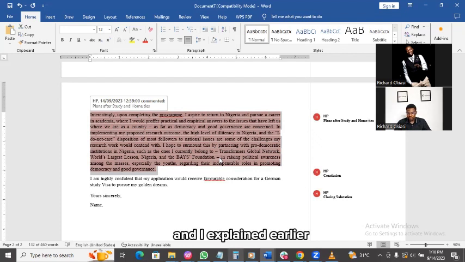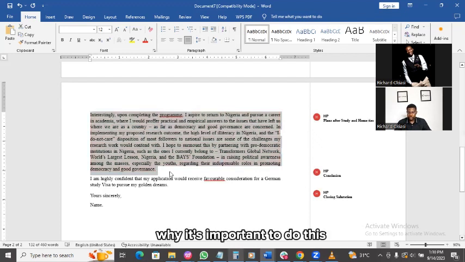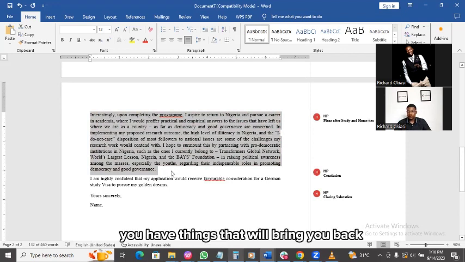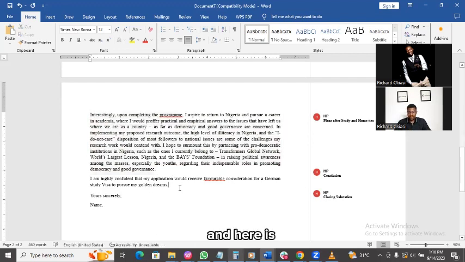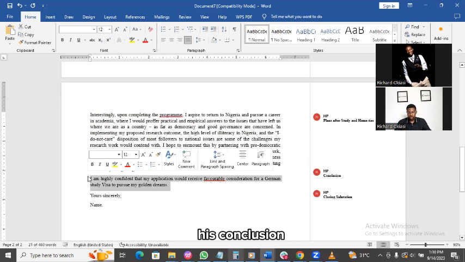And I explained earlier why it's important to do this. It's important because they want to be sure that you have things that will bring you back. You have reasons to come back. If things don't go right for you where you're going, you won't be stranded. You have people and things to fall back to in your country. And here is his conclusion.